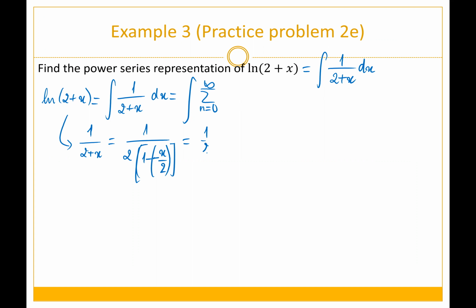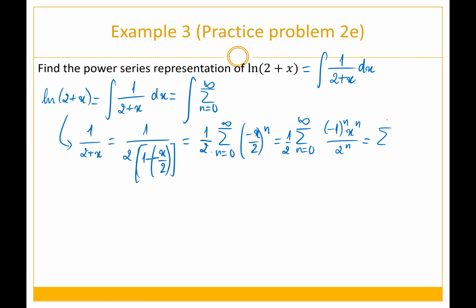Therefore, you have 1/2 times the series from 0 to infinity of negative x over 2 to the n, which can be written as half times the series from n equals 0 to infinity of negative 1 to the n, x to the n over 2 to the n. Or you can put it in the simplified form: you put this 2 inside, and you're going to have 2 to the n plus 1.